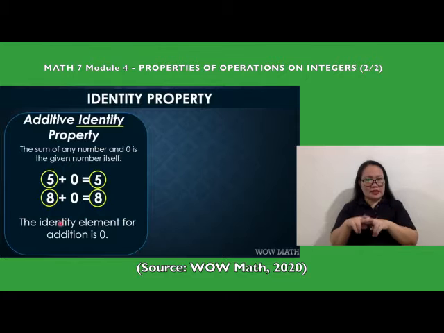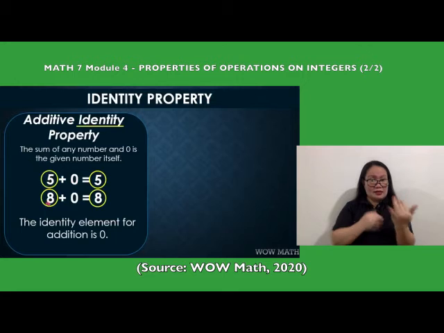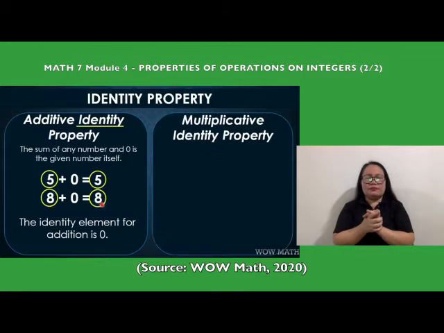So, therefore, ang 0, ito yung tinatawag nating identity element ng addition. Okay? Kaya siya tinawag na identity. Identity element kasi additive identity property. So, kapag itong property na to ang pinag-uusapan, 0 ang i-add natin or 0 is the identity element para matawag natin siyang additive identity property.